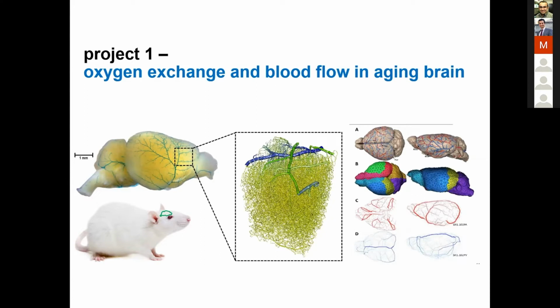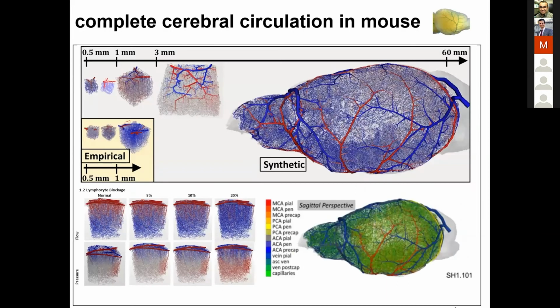So on the right here, for instance, I show a mouse brain, but this mouse brain has been generated on a computer using morphometric parameters that we acquired from imaging. Here it gives you a little bit of an overview of the terrain that we are working in. We use at the small scale multi-photon imaging data sets that basically create an inventory of all the blood vessels, including capillaries at the smallest length scale.